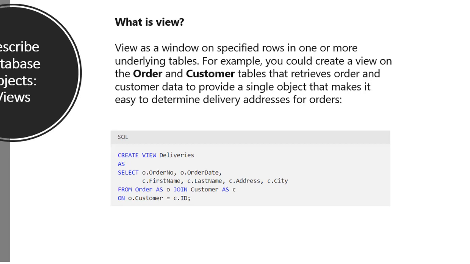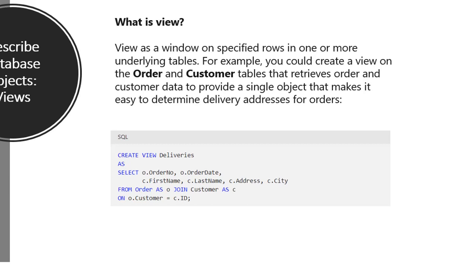So make a single object for some perspective, and maybe we can look into the deliveries as well, delivery addresses as well. So how we have written this query: create view deliveries as select o.order number, o.order date, c.first name, c.last name, c.address, c.city.